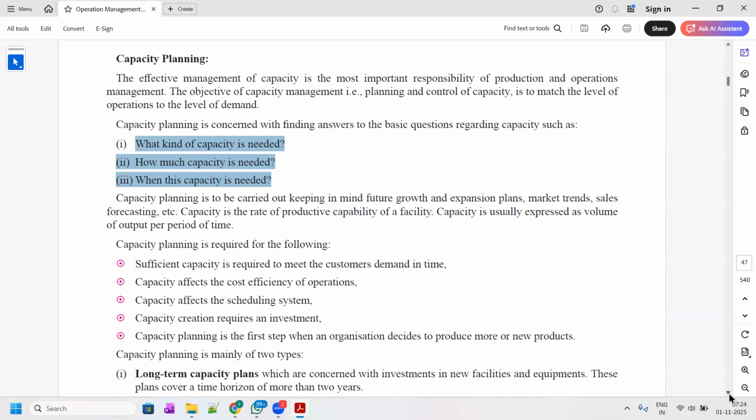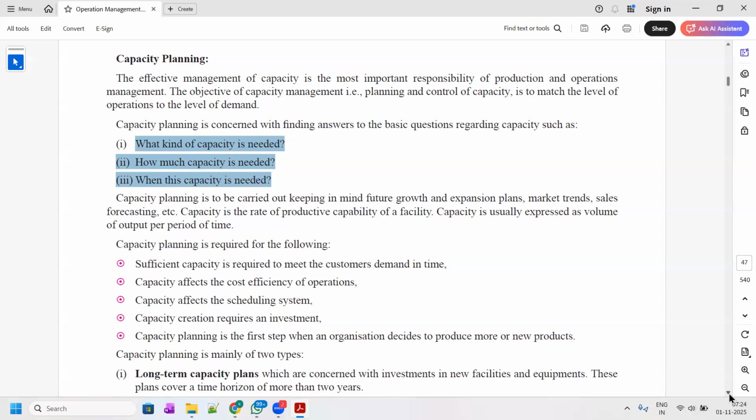For short term forecasting, maybe we focus more on working capital, but for medium and long term forecasting, we need to talk about investment. That is the first step before launching new products or increasing production, where we need to talk about the cash outflow to start a new operation or increase the capacity.